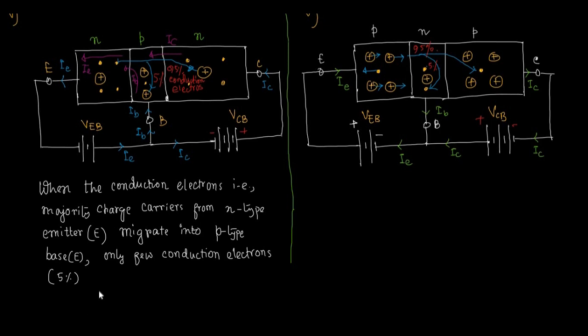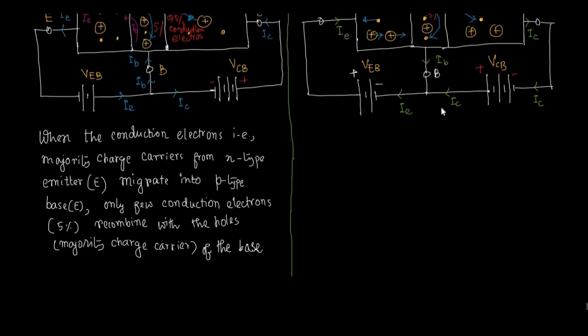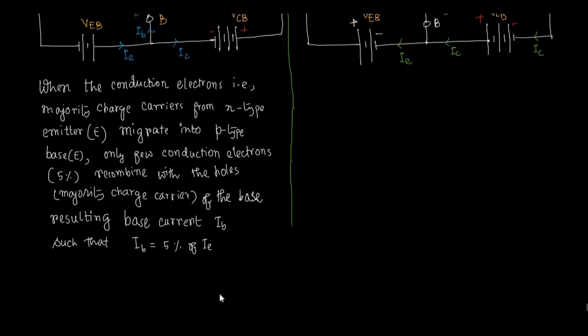only few conduction electrons, under bracket 5% of migrating conduction electrons from n-type emitter, recombine with the holes, under bracket majority charge carriers of p-type base, under bracket B, resulting in the base current IB, such that IB is equal to 5% of emitter current IE.